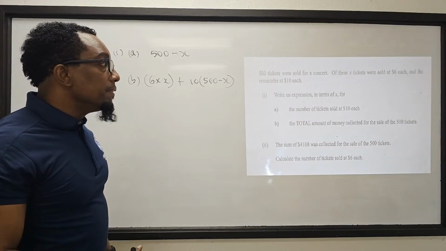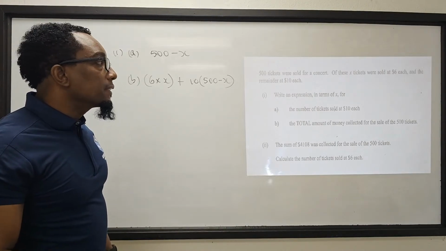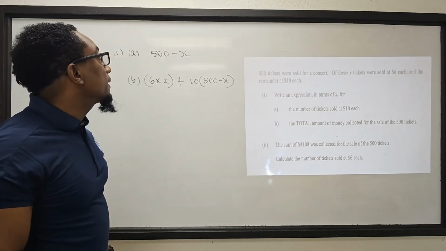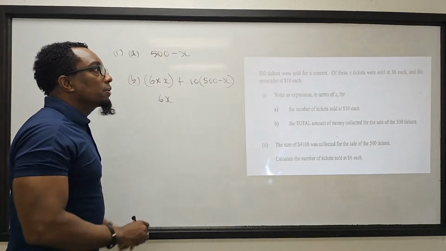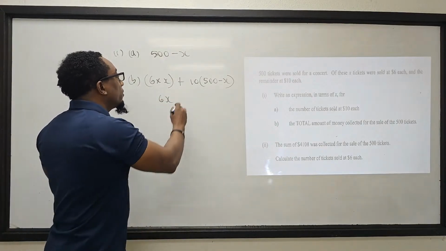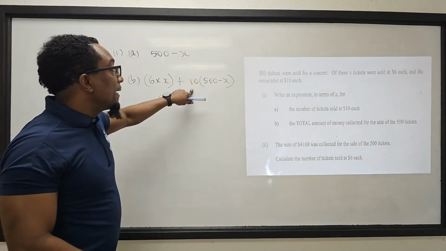So we can simplify that, so we can have the total amount of money collected for the sale of the 500 tickets. 6 by x will be 6x. That's the cost of the x tickets. And the cost of the remainder is 500 minus x, by $10.